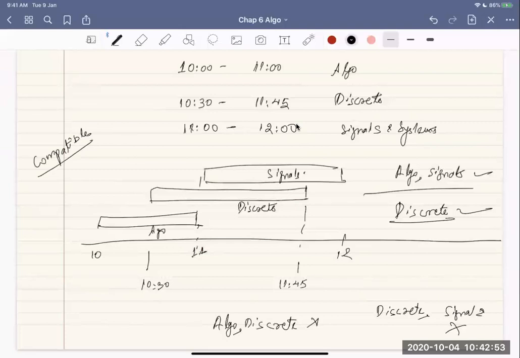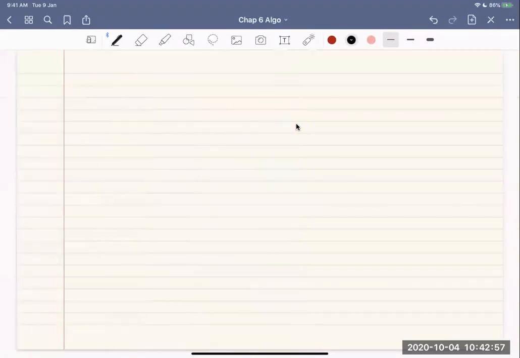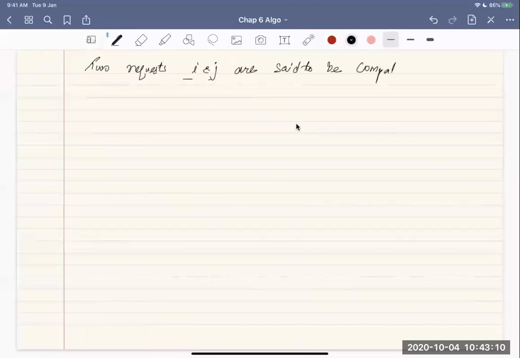So let me formally define this. Two requests, I and J, are said to be compatible if, what should be the criteria? They don't overlap. Now, can I formally define that in terms of the start and finish time?